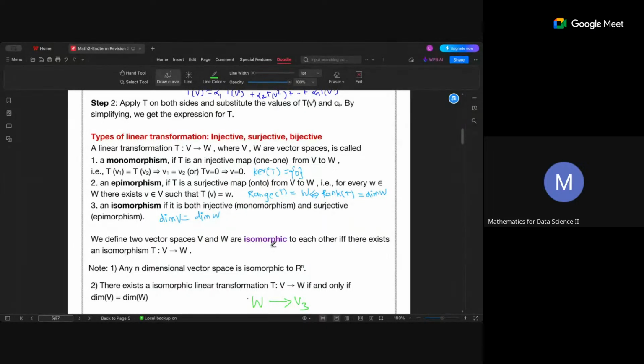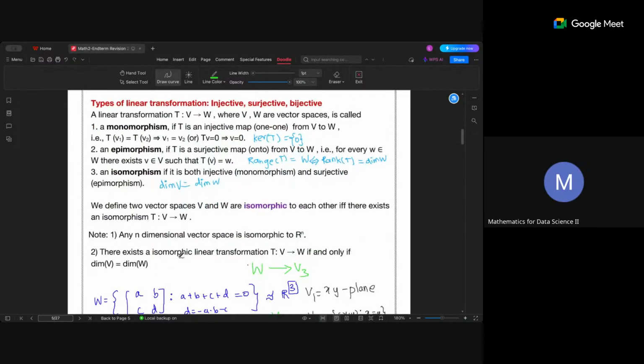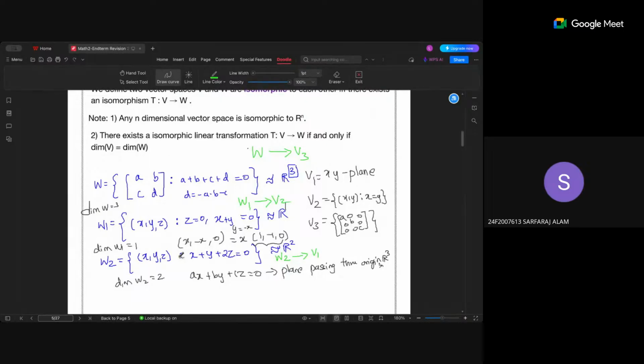Yes, that is the definition. If the dimensions are the same, we are not assuming the transformation, it will exist.